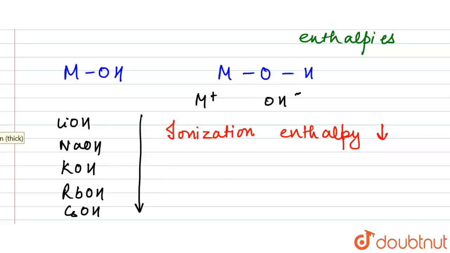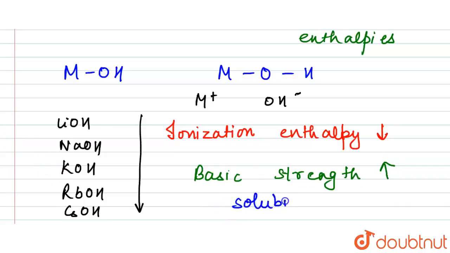So as we move down the group, the basic strength increases. If the basic strength is increasing, their solubility also increases. It means that cesium hydroxide will be highly soluble in water.